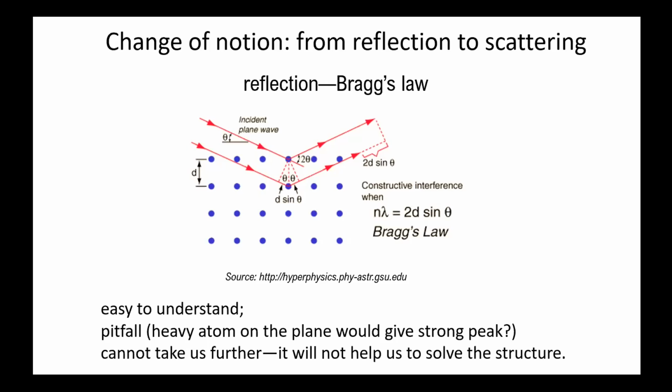Well, this is definitely very intuitive and also helps a lot for understanding the diffraction phenomenon. But I would say this is too simple a picture and doesn't really help if you want to go further, even for the XRD analysis.